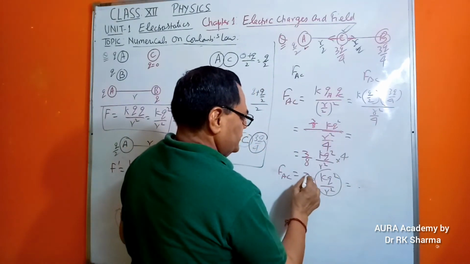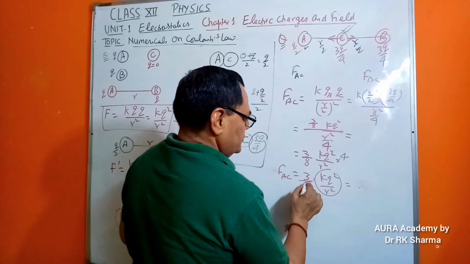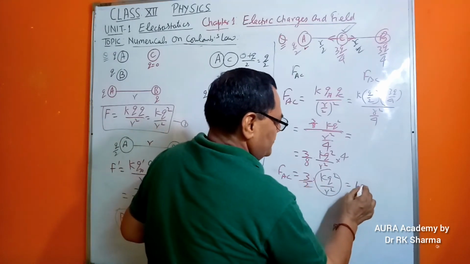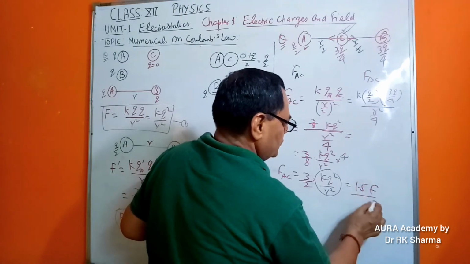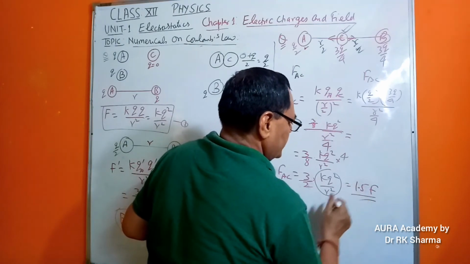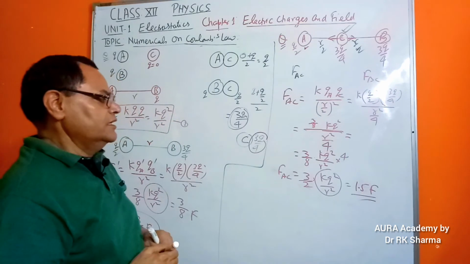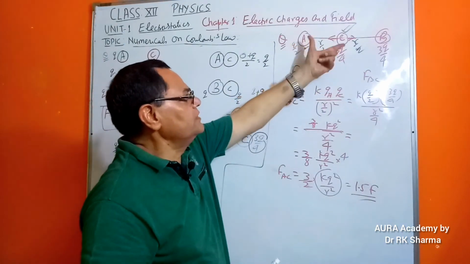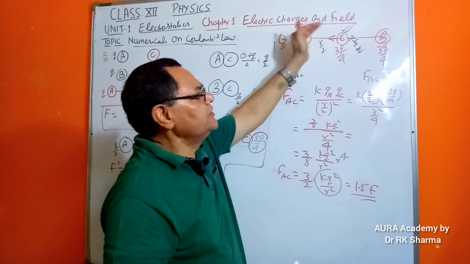So therefore this becomes 3 by 2, it is becoming 1.5 times the original force F. So this is basically the net force between these two at C, which is pointing from A to C.